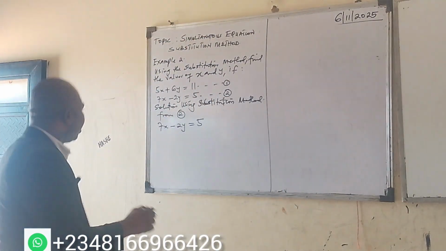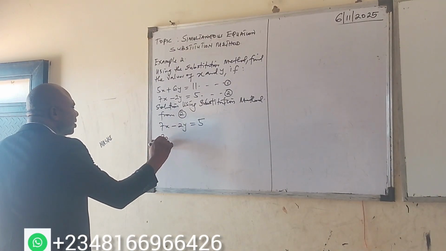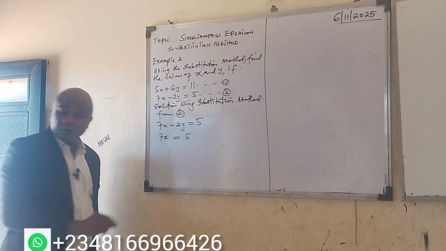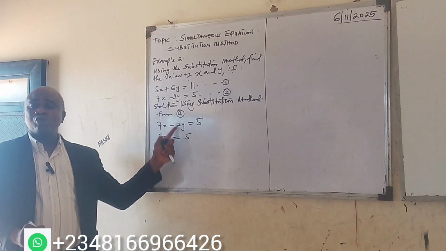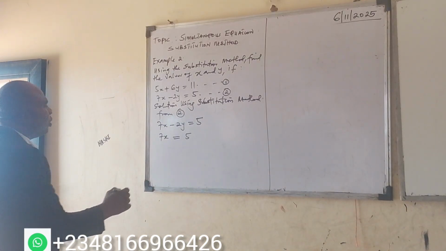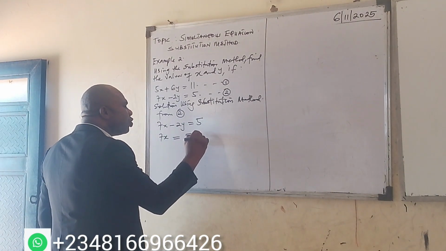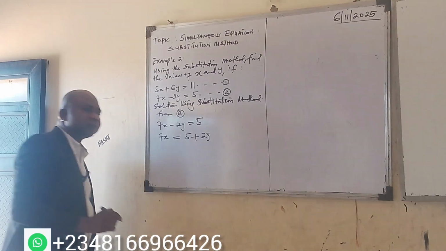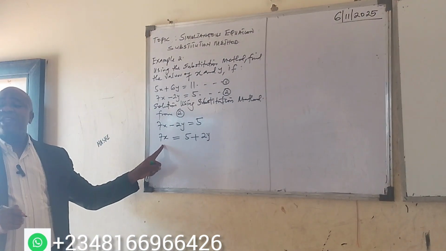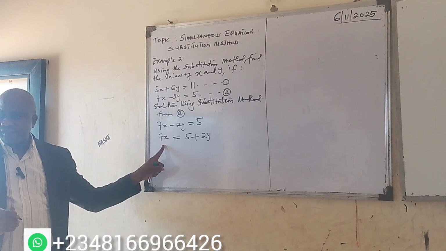Here we have 7x will be equal to 5, and we are taking minus 2y to the other side, so it will change to plus. So here we have plus 2y. Is that clear? Remember, we are not making 7x the subject, we are making x.